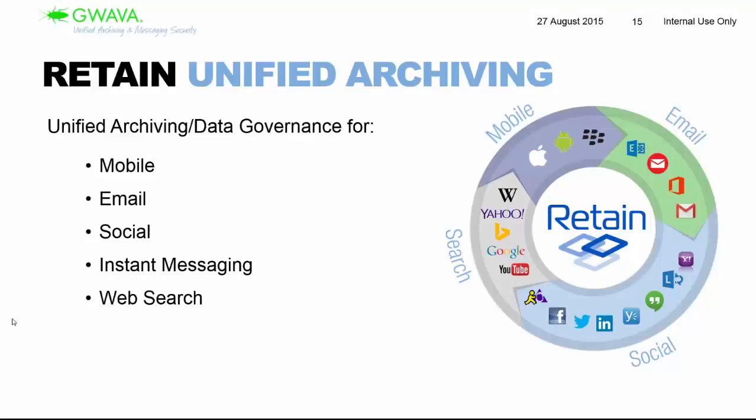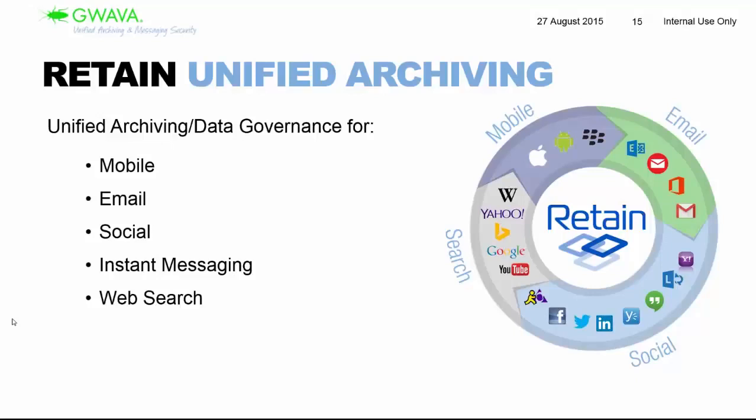And one thing I failed to mention is for social media and web searches, we also will monitor and filter and block those and alert on communications that are going on. So let's say that you have a policy in place that states that your customers can't communicate insider information.